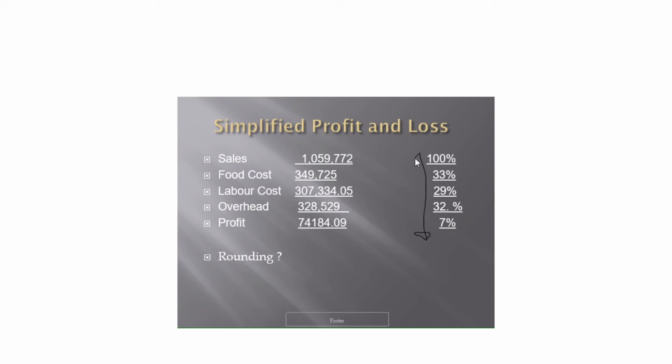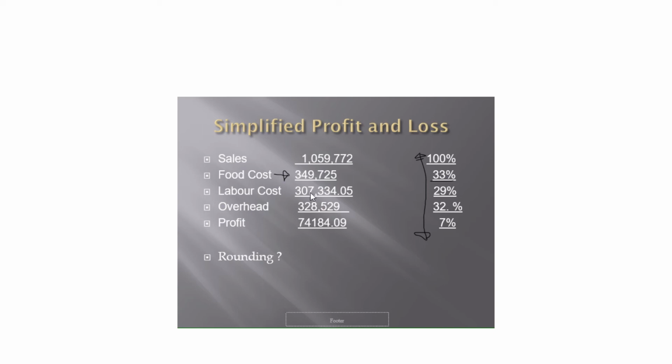So our sales divided by our sales would equal 100%. Our food cost for the period was $349,725. If we take our food cost divided by our food sales, we would get 33%.